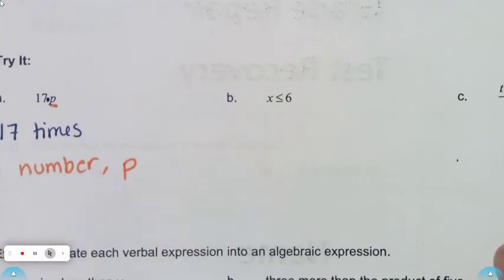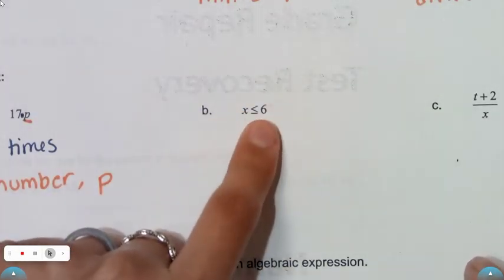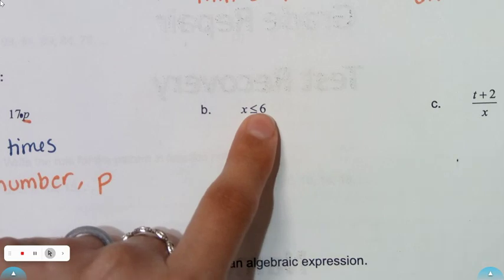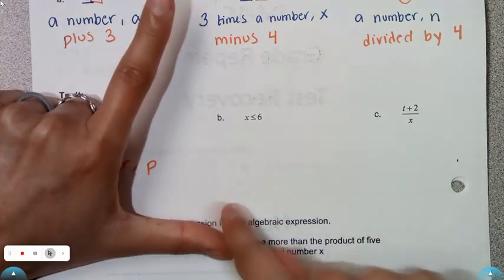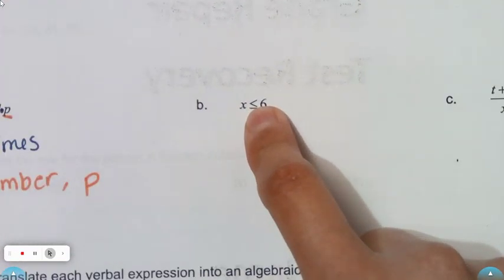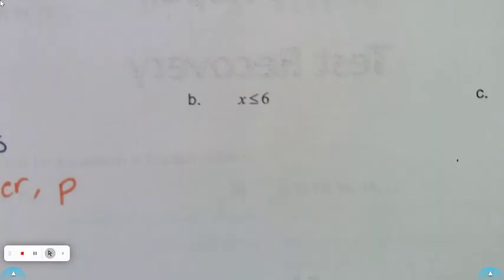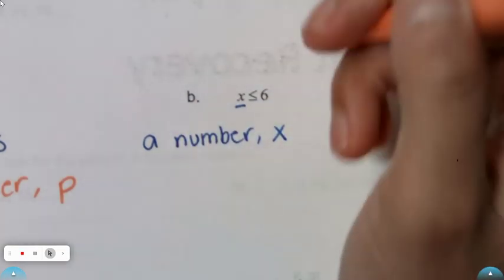All right, so for letter B, I have x. This symbol is less than or equal to. Remember, if you hold your hands up like this, sorry, let me zoom out. If you hold your hands up like this, the left hand is the less than. So just a way to remember it. So for the first part, I have a number x, and then I have the second part.